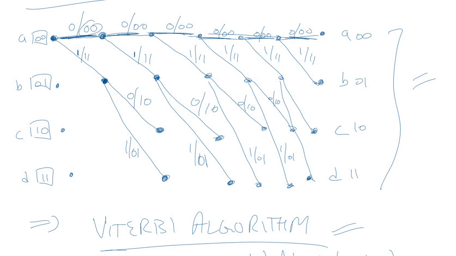So each output will be a part of the code word. If we concatenate all these outputs, we get a code word. Similarly, any path that traverses this trellis diagram represents a code word. So this is the first valid assumption in the Viterbi algorithm.